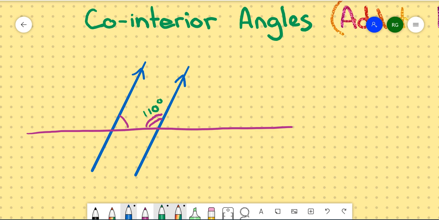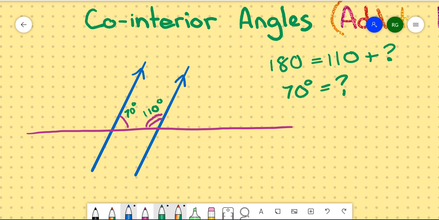If they both add up to 180, it's 110 plus, let's just give it a question mark. Take 110 from both sides, it's going to leave us with 70 degrees is equal to the question mark. So that guy in there must be 70 degrees.